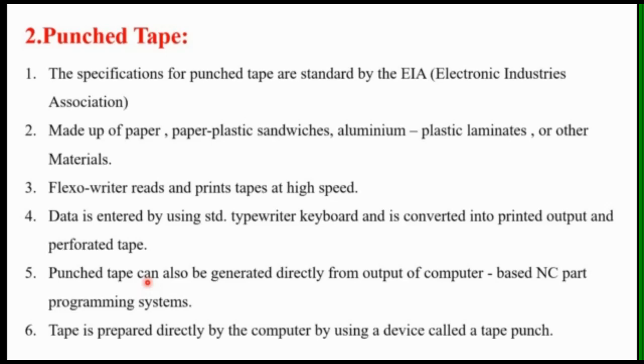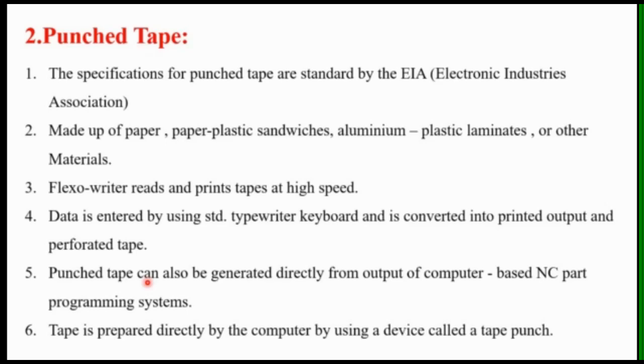Then the second media is called punched tape. The specifications for this punched tape are standardized by the EIA, Electronic Industries Association. It is made of paper, or paper-plastic sandwiches, and aluminum also. Plastic laminates are also used for this punched tape.